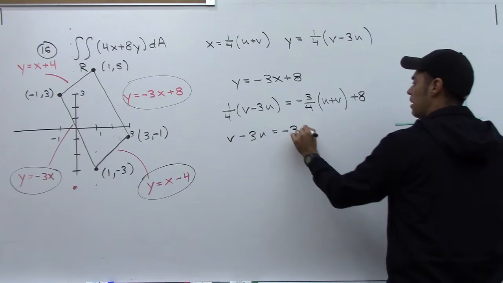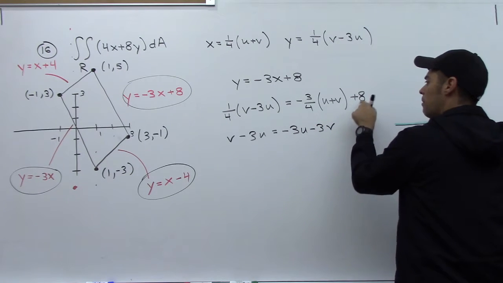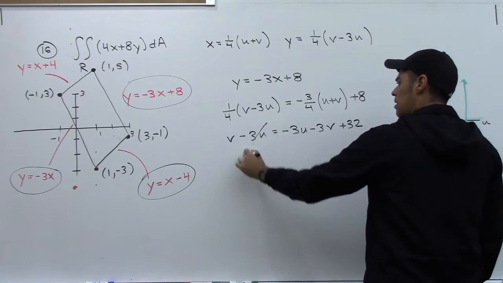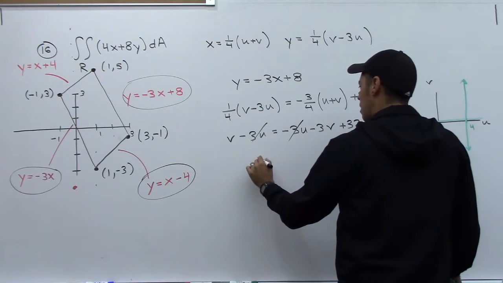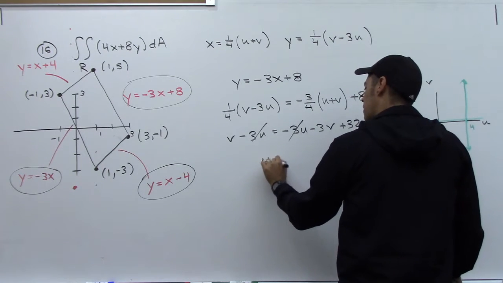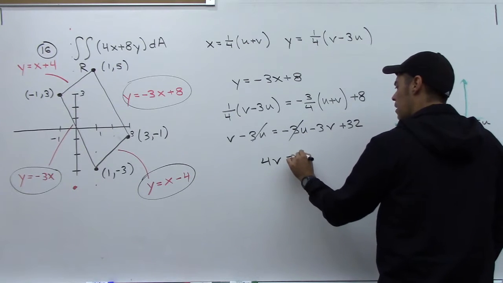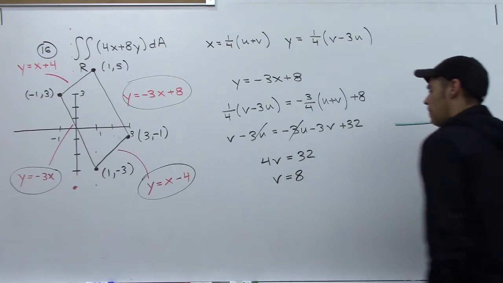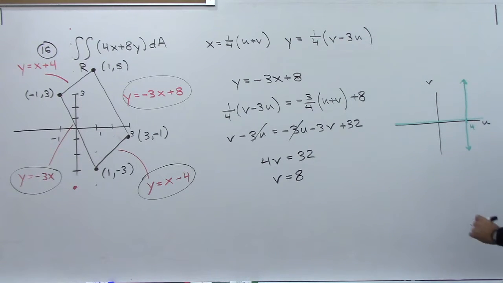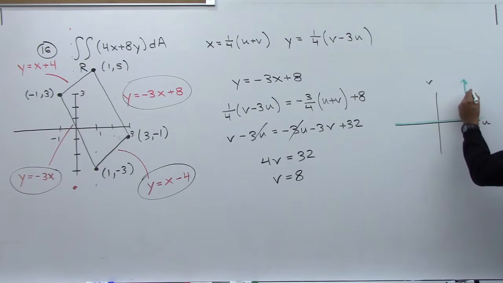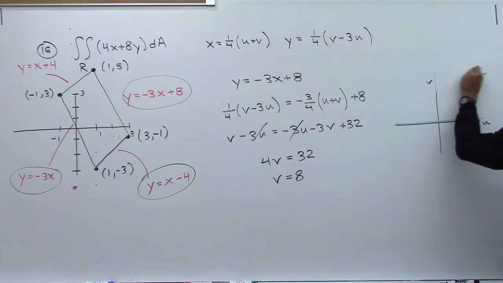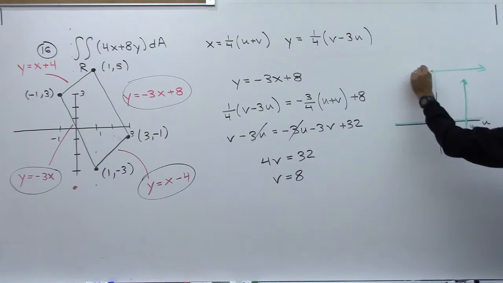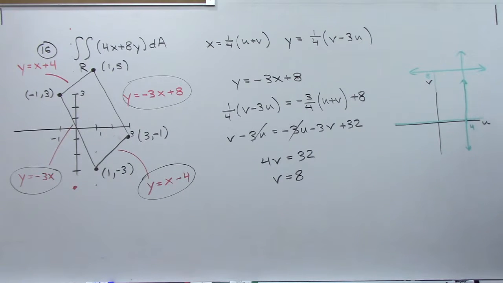Negative 3 times that, so negative 3u minus 3v. Multiply that times 4 plus 32. The 3u's cancel. And move this over, I get 4v equals 32, so v equals 8. So v is 8 is going to be, this is not drawn to scale. Well, I'll just move it up. There's v is 8. And this one goes up there.